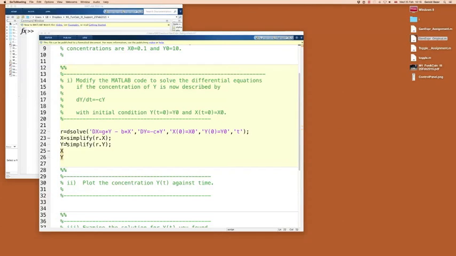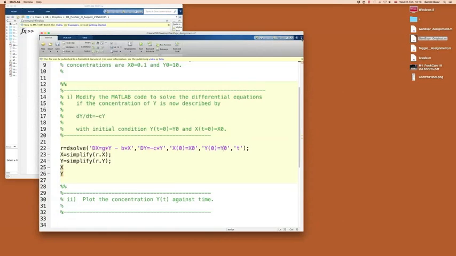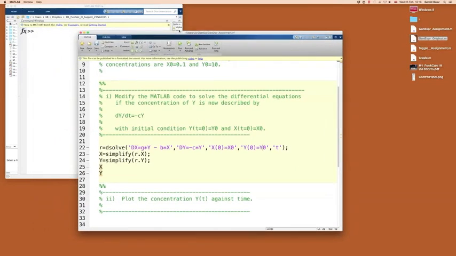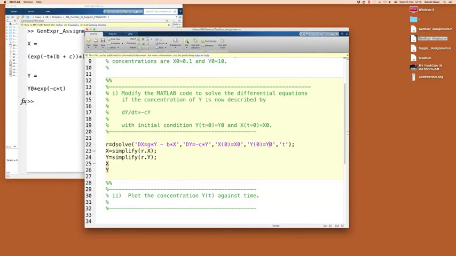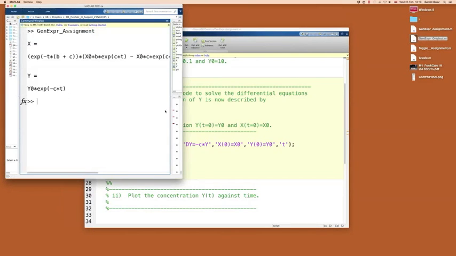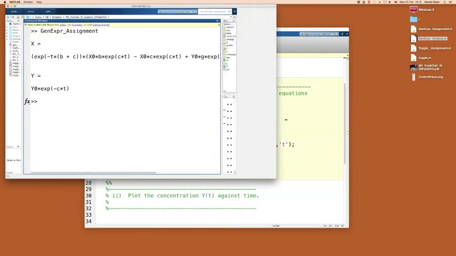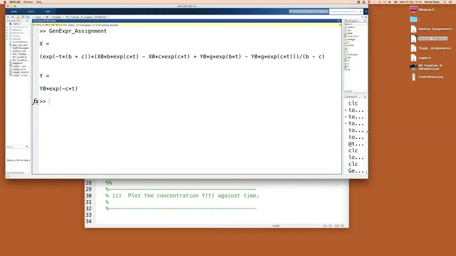So the code we had before should still work. We asked MATLAB to simplify x and y, and then show us x and y. So if I run this script file, now in the main window we should have the results. So here we go. Oh, it's quite big. Just about to see everything there.